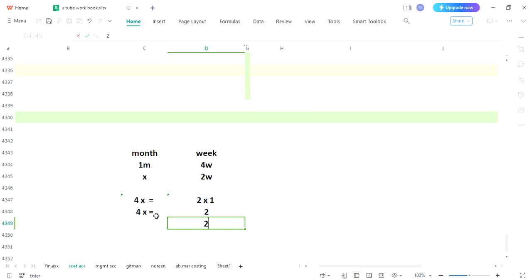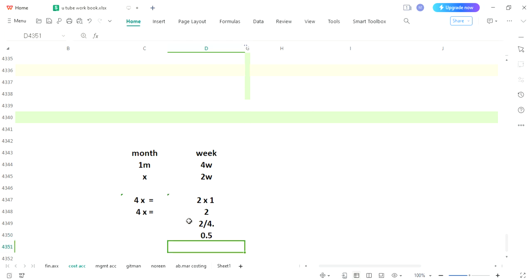When any amount is taken to the opposite side, the sign would be changed. 4 is being multiplied over here, so when you take it to the opposite side, it would be divided. So x equals 2 divided by 4, which is 0.5.